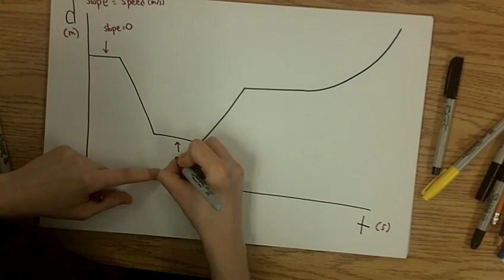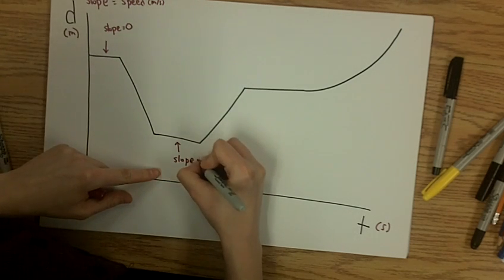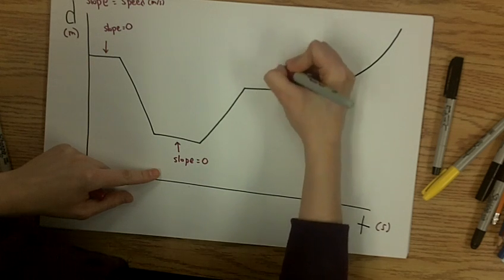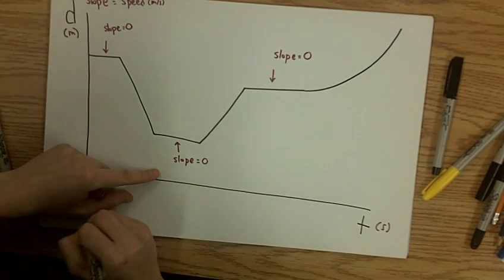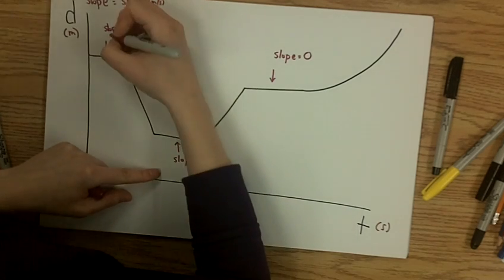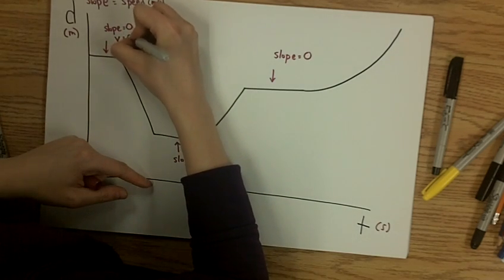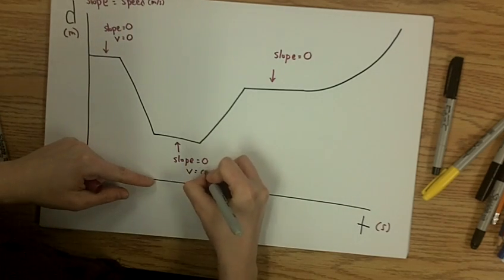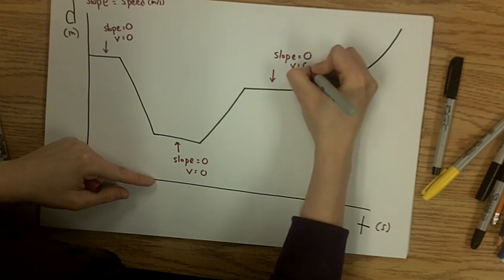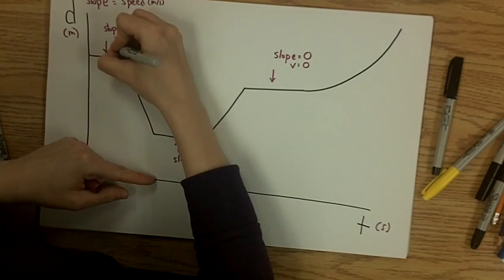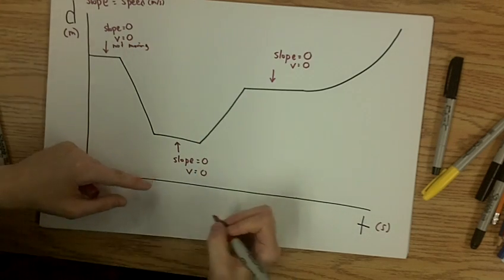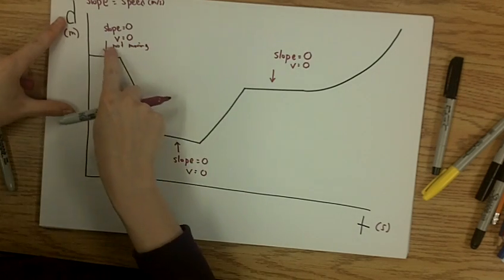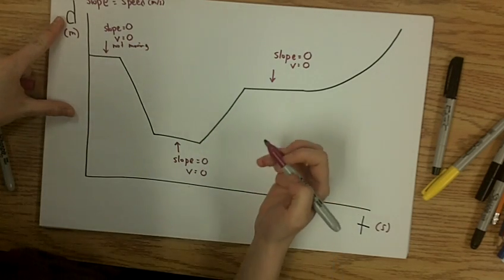There are several other sections like this on this graph. Anytime the slope is 0, the speed is 0 as well. A speed of 0 means not moving. So if you ever see a flat line on a graph, a flat line means not moving.